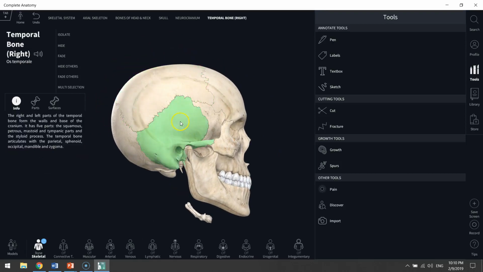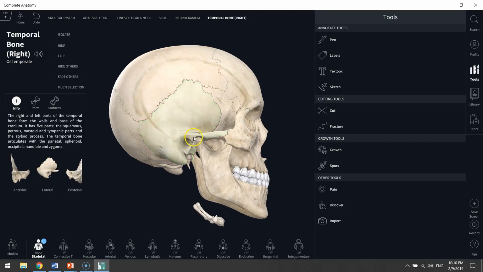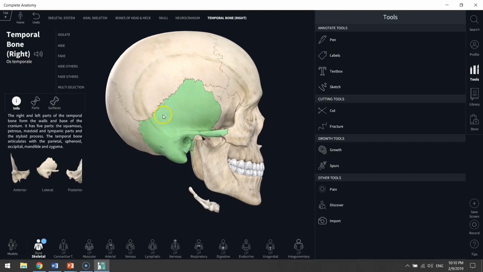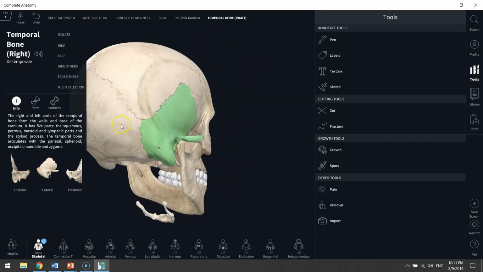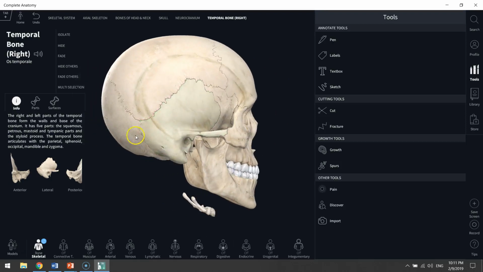The next bone is the temporal bone. As we said earlier, the temporal bone is the lateral inferior part of the cranium, and it has 4 component parts. The squamous part forms the articulation with the parietal and sphenoid bone via the squamous suture. The mastoid part forms an articulation with the occipital bone posteriorly.